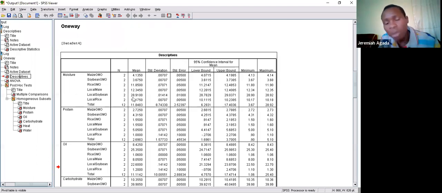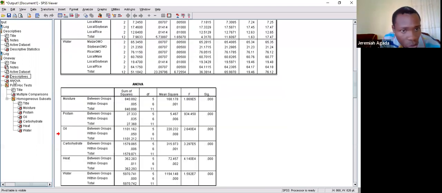As simple as that. But how do you now know that there is a significant difference between the means? You have to come down now to ANOVA. I'm going to go down now to ANOVA.